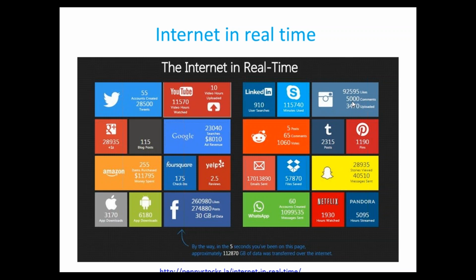We have the stats for Instagram, how many likes, how many comments and how many snaps uploaded. We have the stats for Google, how many searches and how much ad revenue generated. Amazon, how many items purchased and how much money spent. App Store, how many applications are downloaded, and Play Store, how many applications were downloaded from Play Store.